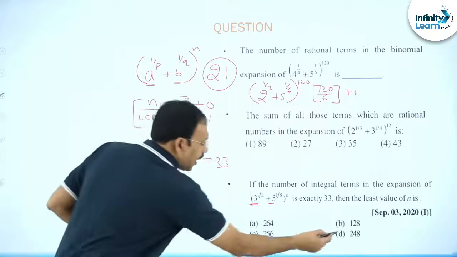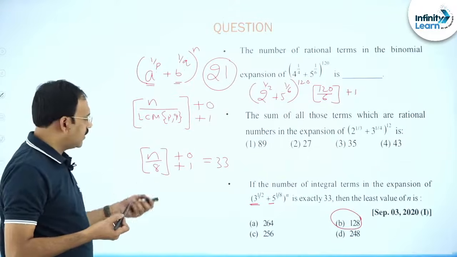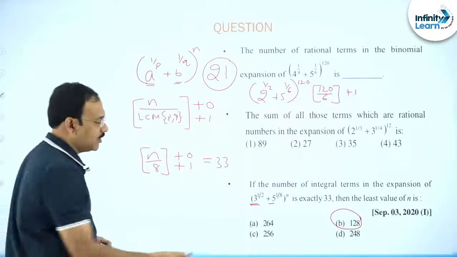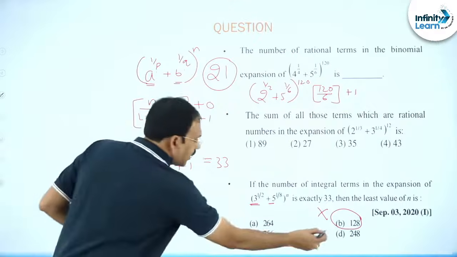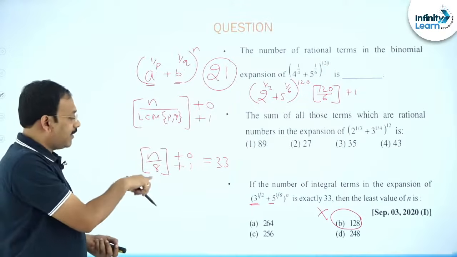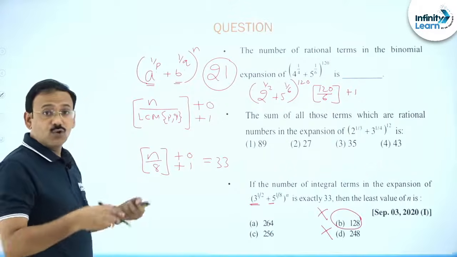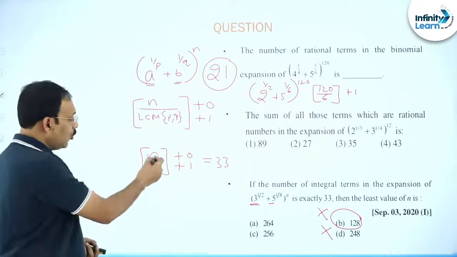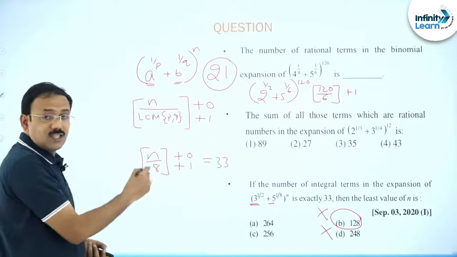I try from options 128. You take n is equal to 128. It is no way nearer to 33. So, option B is wrong. Then 248 you take. If you take 248, 31 plus 0 or plus 1 cannot be 33. This is also wrong. 256 you try. 256 by 8 is going to be 32 plus 0 or plus 1.